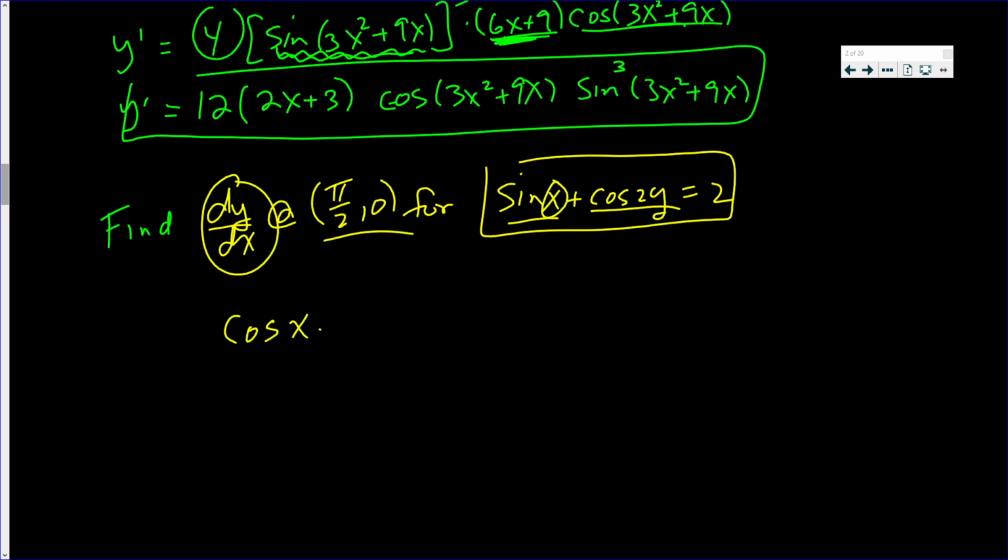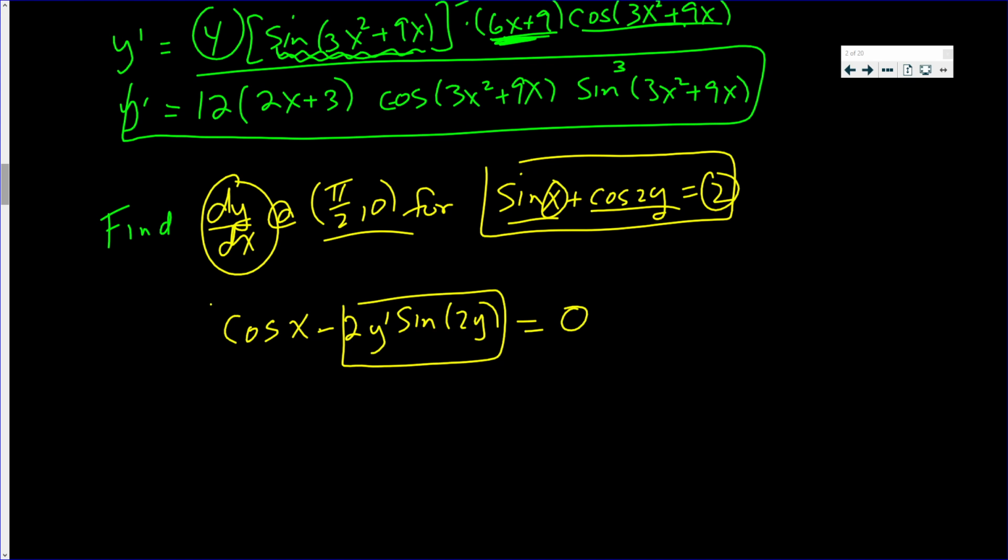The derivative of cosine of any angle is negative the sine of that angle times the derivative of the angle with respect to x. The derivative of 2y is 2y prime. And the derivative of 2 is 0.